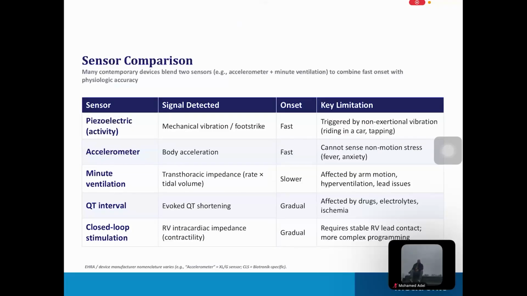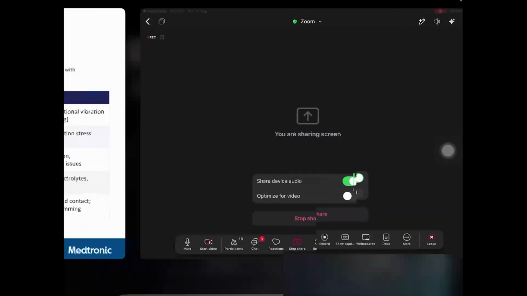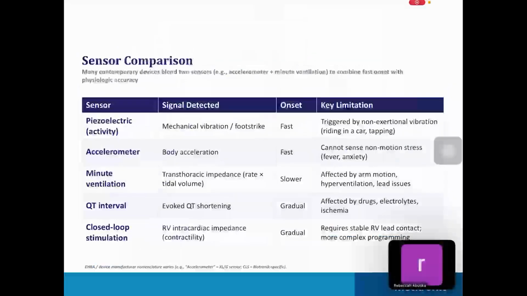Hello. I think from what I've understood, if a patient has a sudden drop in the intrinsic heart rate, the device will be able to sense it. If there is a sudden drop in heart rate in vasovagal syncope, I will activate the rate drop response feature. I will adjust it according to two items.